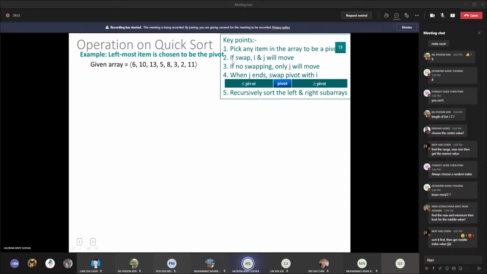And then later there's a comparison, which I will explain later. For the second key point, if a swap happens, i and j will move. i and j are the indexes. If no swapping, then only j will move. When I say move, it is j plus 1.